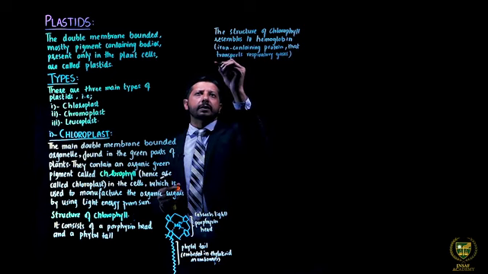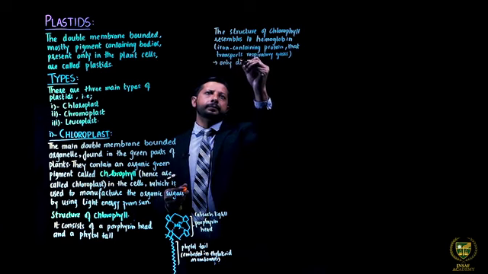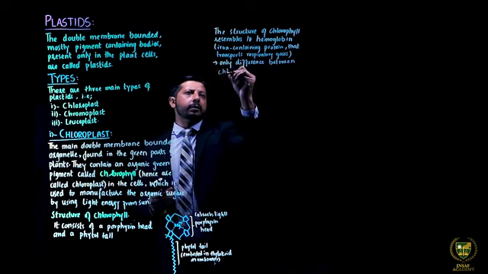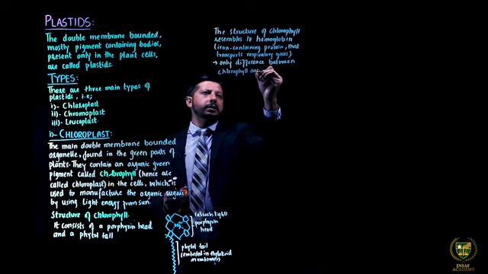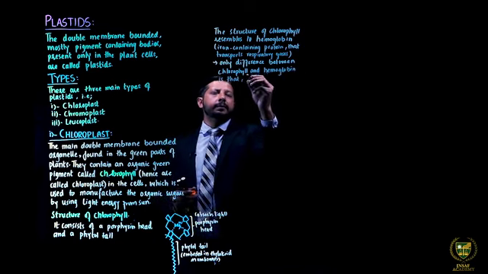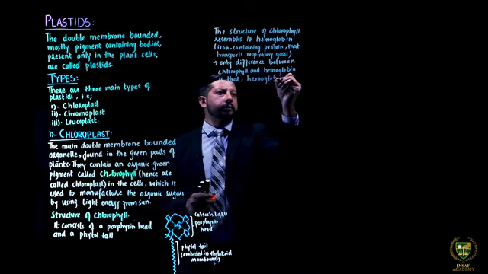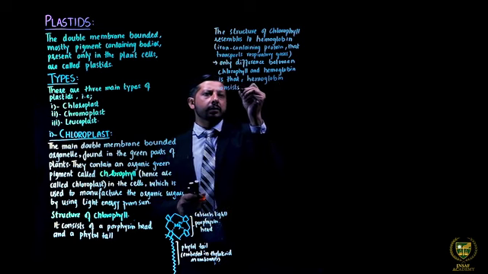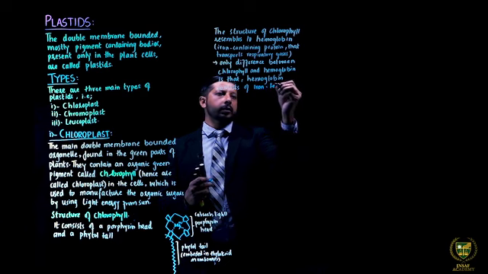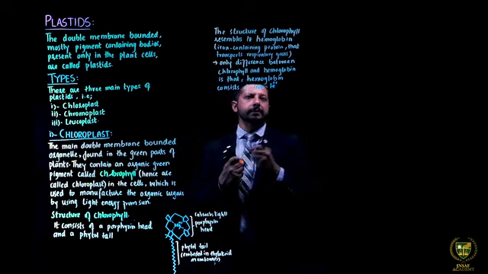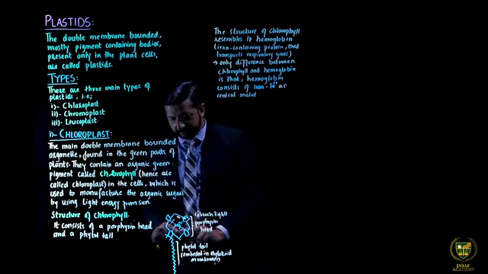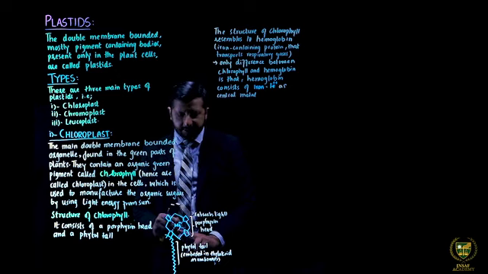Clear? The only difference between chlorophyll and hemoglobin is that the hemoglobin consists of iron as a central atom, as a central metal, while in the chlorophyll, as you can see over here, there is magnesium.